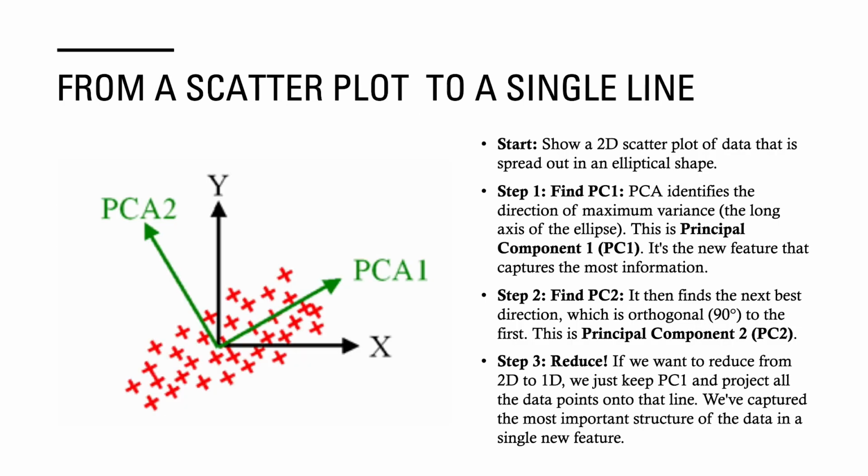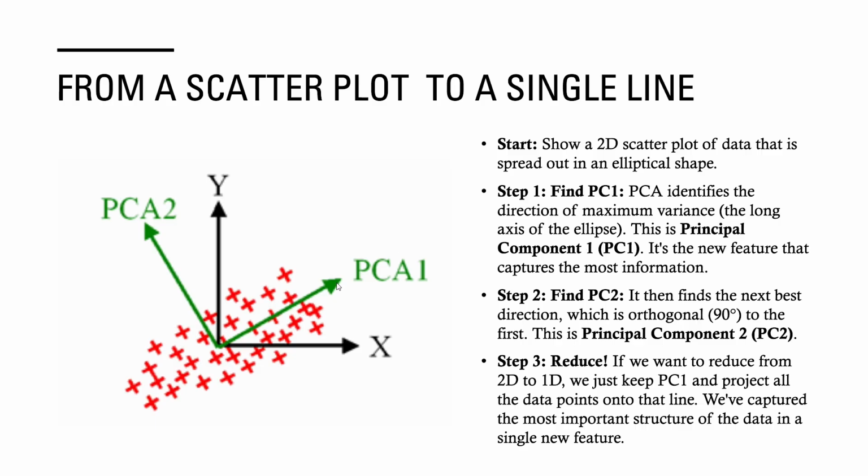So let us assume we have a 2D scatter plot of different points. The points are as shown. We are going to find PC1, or principal component 1, which is the direction of maximum variance. This is usually along the axis of the ellipse.